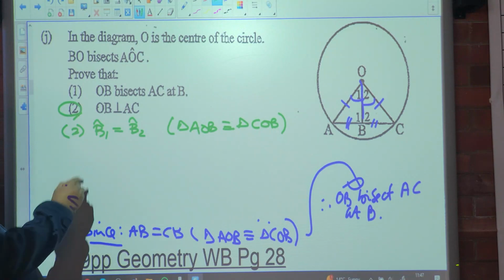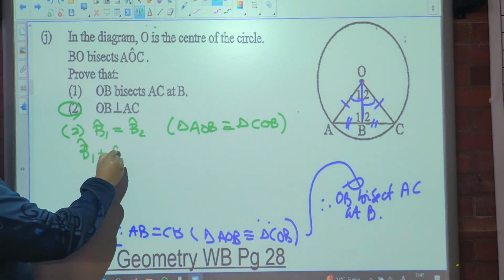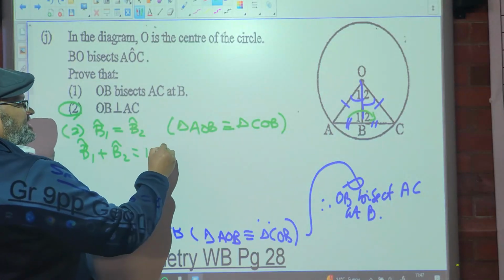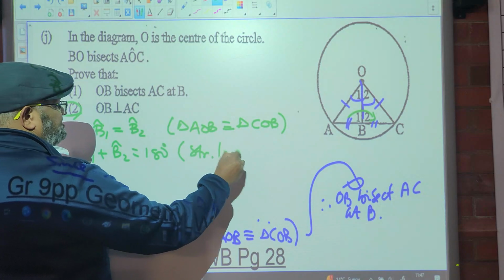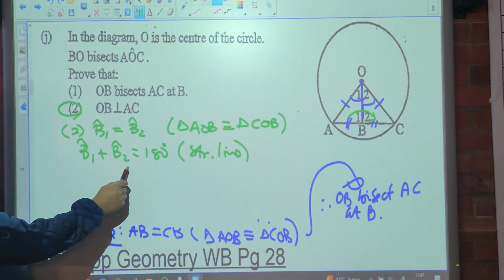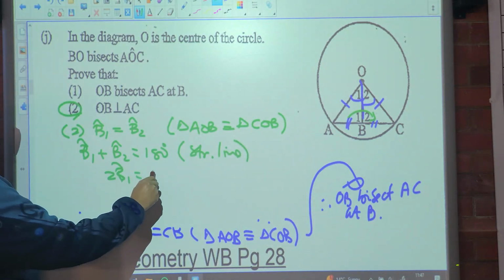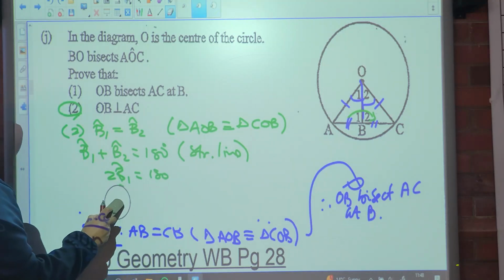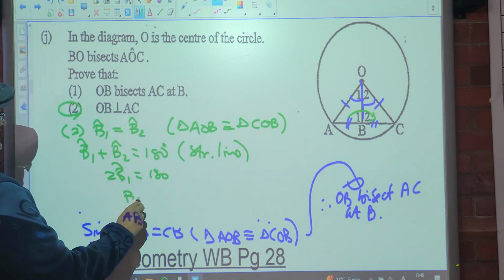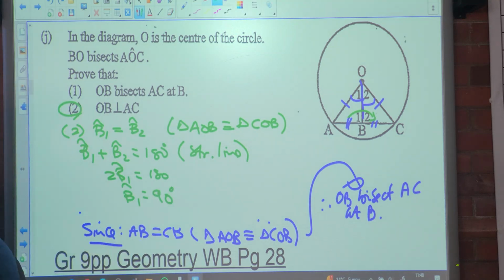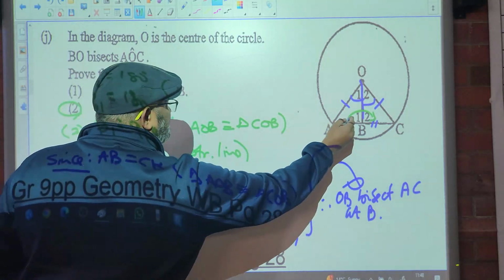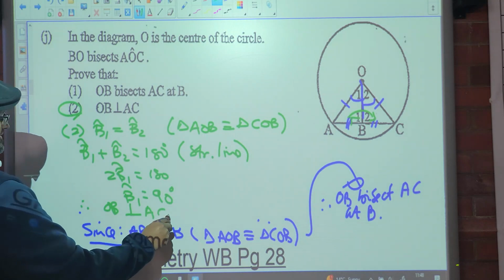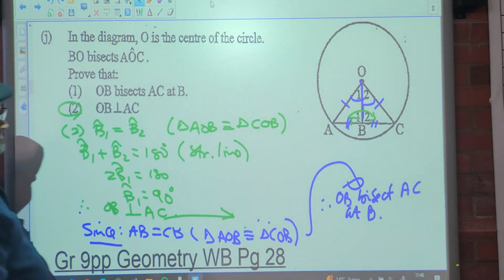But we also know that B1 plus B2 is equal to 180 degrees. Why? Straight line. But B1 is equal to B2. So twice B1 is equal to 180. So B1 has to be 180 divided by 2, which is 90 degrees. So therefore, since that is 90, we can say therefore OB is perpendicular to AC.